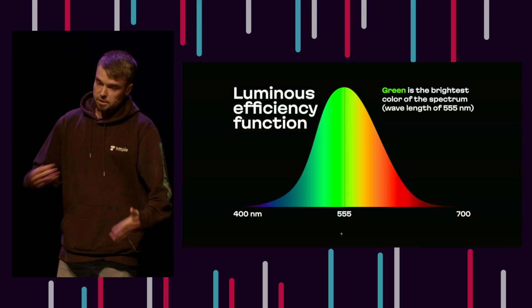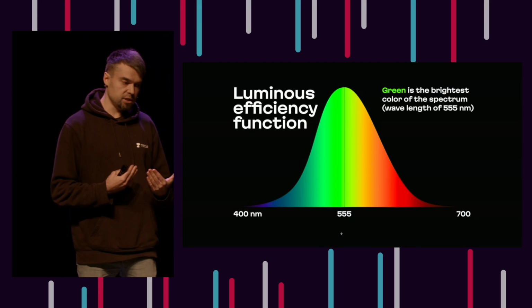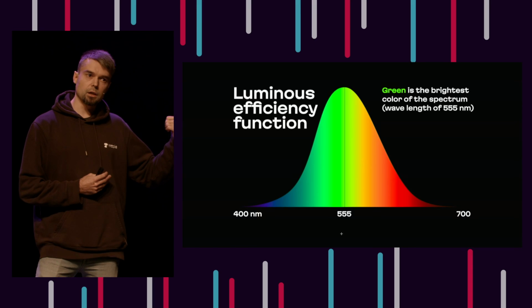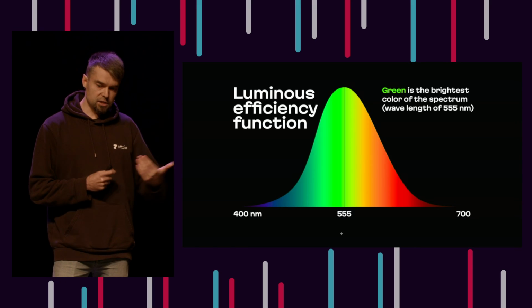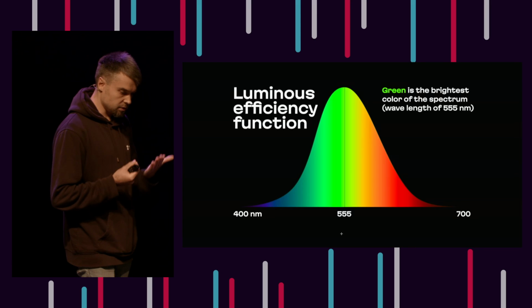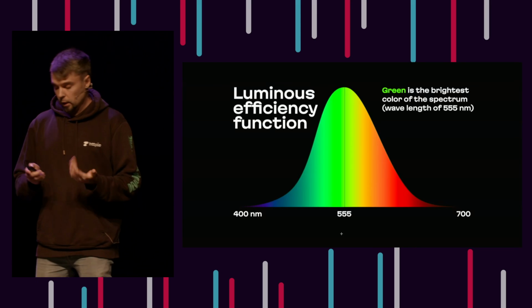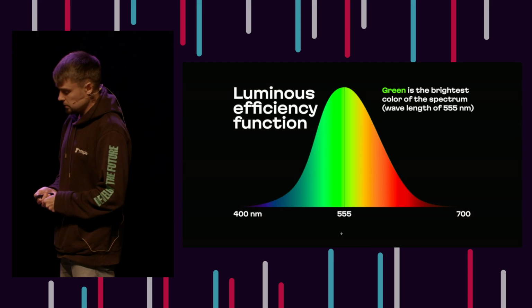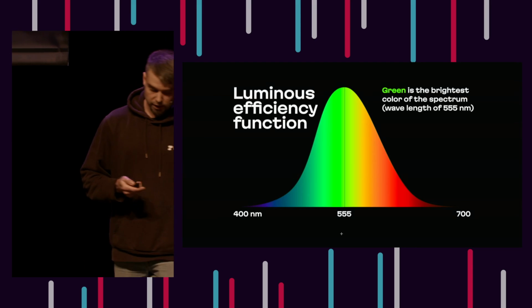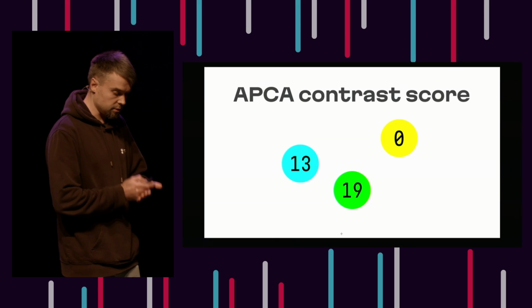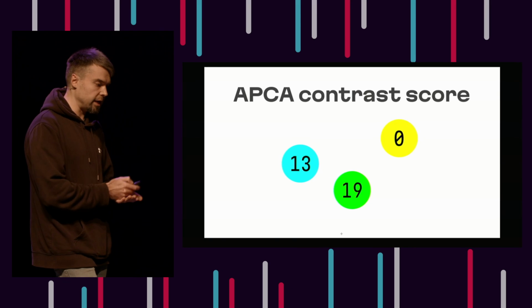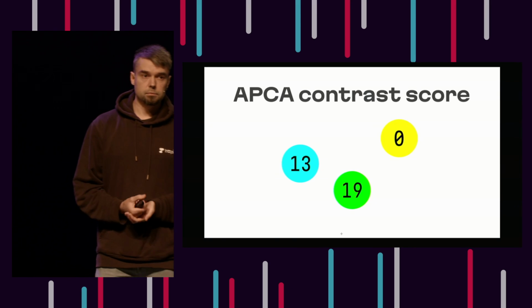Normally, without any conditions, the human eye perceives green as the brightest color of the spectrum. And this feature is described by the luminous efficiency function. Well, green is the brightest color of the spectrum, but we clearly see on our monitors that yellow and cyan are even brighter.